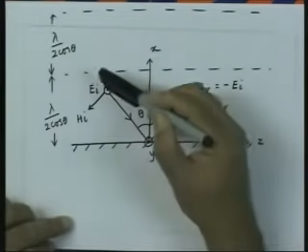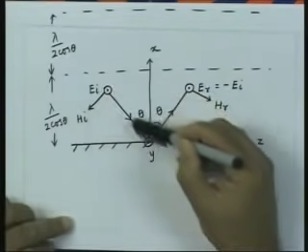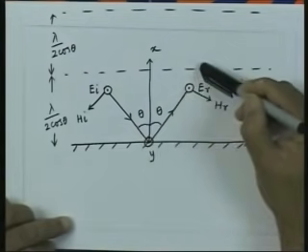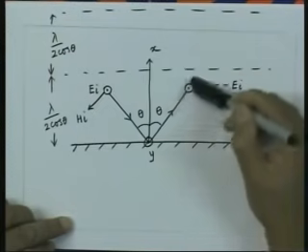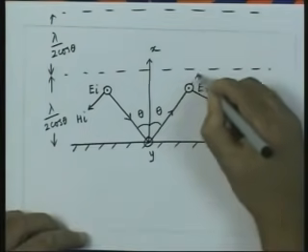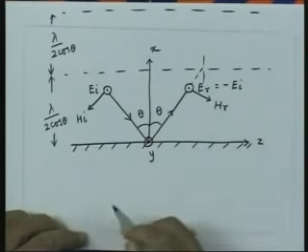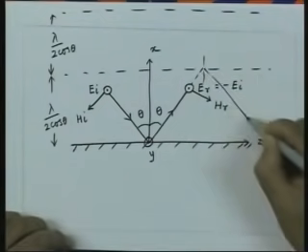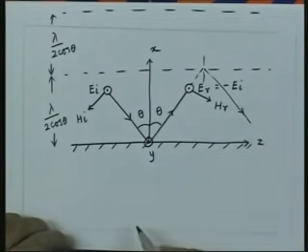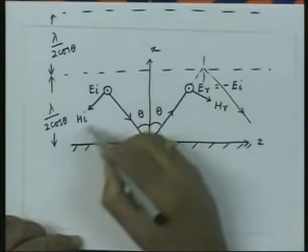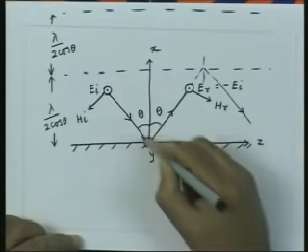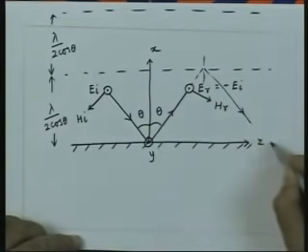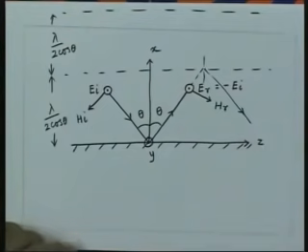Or in other words, one can say that the wave which was coming here at an angle theta, when it goes and reaches this boundary, again it will be making an angle which is theta with the normal. So, the wave gets reflected from here at the same angle. So, it will appear as if the wave is coming here, getting reflected, and again getting reflected. When it reaches here, again it sees the boundary and gets reflected.